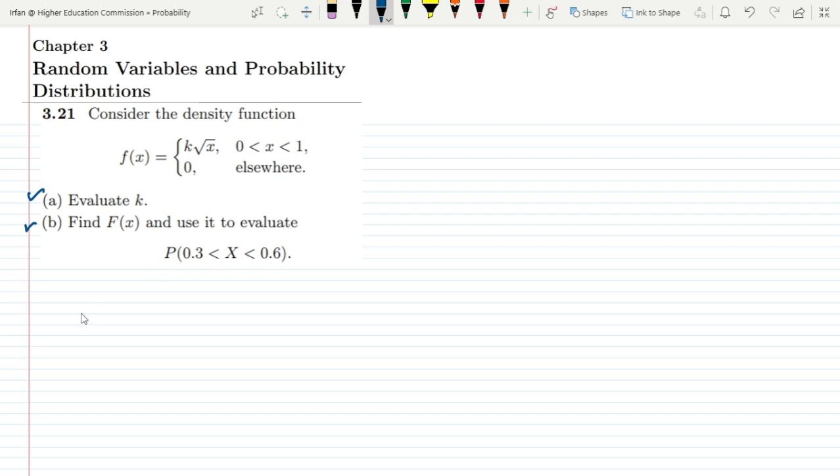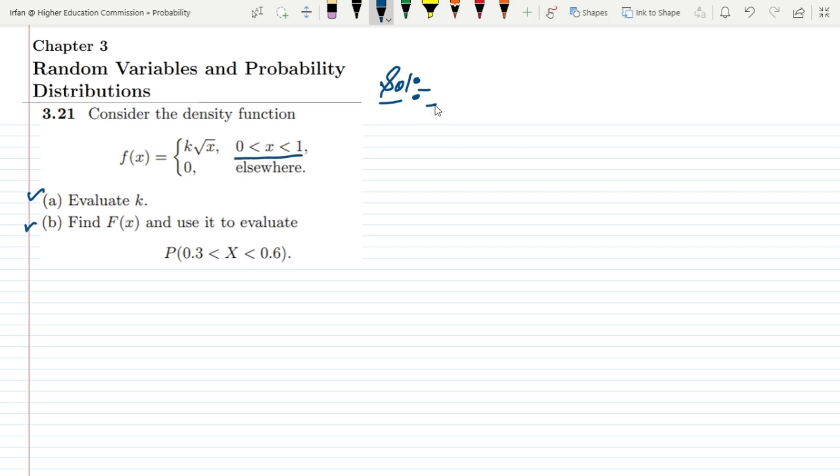Okay, so now let me start from part A, and let me solve it here. This is the solution. In solving it we have this function in the range of this value, and we can very clearly see that in this range the cumulative value of this function would be 1.